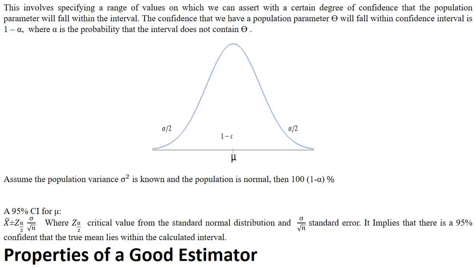Now an example: assume we want to construct a 95% confidence interval for mu for a standard normal distribution. We can use x bar, which is the summation of xi over n, plus or minus z alpha over 2 times sigma over root n, where z alpha over 2 is the critical value from the standard normal distribution, and sigma over root n is the standard error.